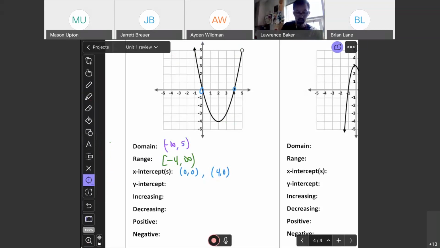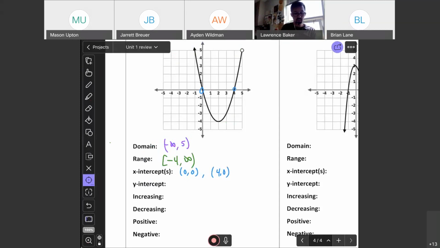Because it's context. X-intercepts aren't chunks of something. X-intercepts are single points. They're a point where the graph is hitting the x-axis. So this has to be referring to a point. Domain is either a bunch of x values or an interval of x values. And if it's just single points, not intervals, then we always use curly braces so that it wouldn't get confused.